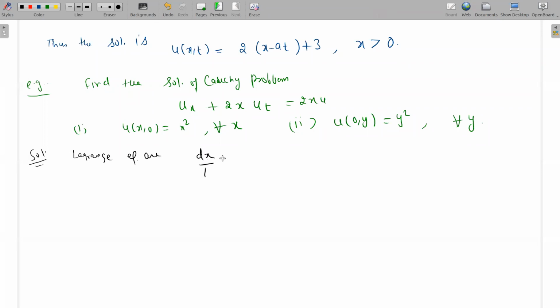So dx by 1, coefficient of the first derivative, then dt, the second variable is t, dt by 2x, coefficient of u_t, equals the right hand side, du, the dependent variable, then the right hand side 2xu.